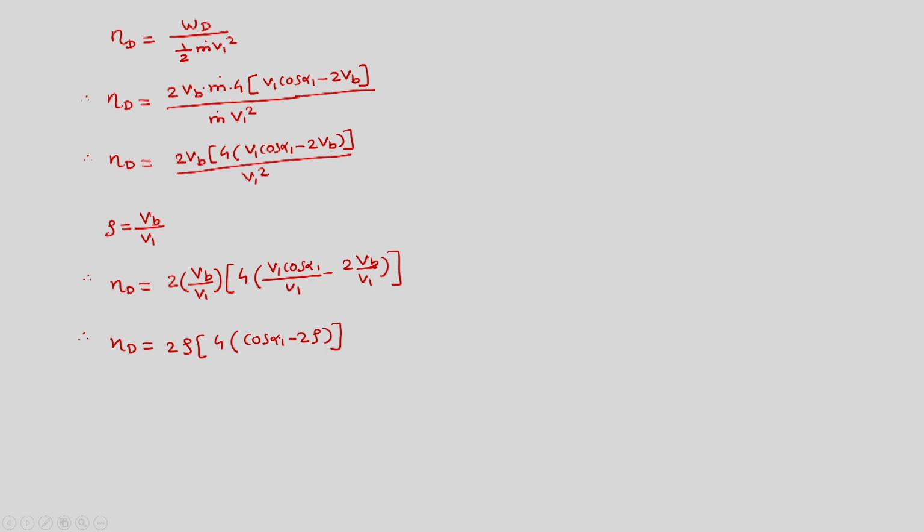Now we know for a given alpha 1, diagram efficiency is just a function of rho, and if we differentiate it with rho and equate it to 0, we get 8 cos alpha 1 minus 32 rho equal to 0, and this leads to rho equal to cos alpha by 4.